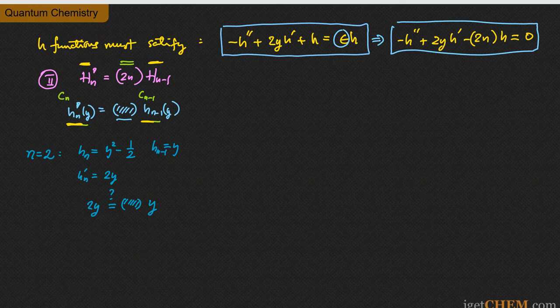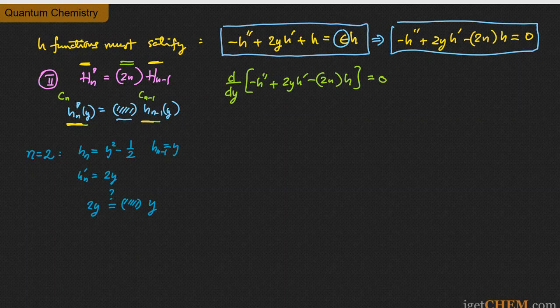So what I want to do is take the derivative of the left side, minus h double prime plus 2y h prime minus 2n h, and that, of course, is equal to 0 still.